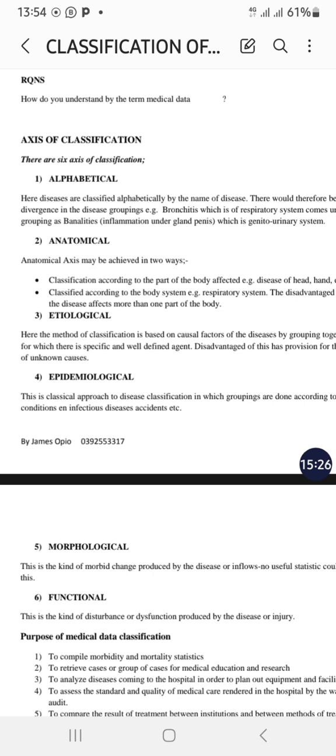And then another classification is what we are calling classification according to the body system. This is what I tried explaining a few minutes ago: when we classify diseases based on the system, we look at the system and the diseases that affect only that system. For example, with the circulatory system, we look at the diseases that affect only the circulatory system. The problem with this approach is that some diseases can affect more than one system.